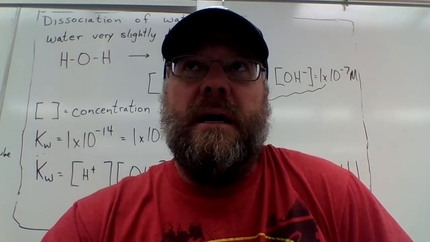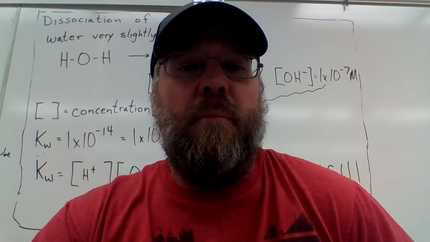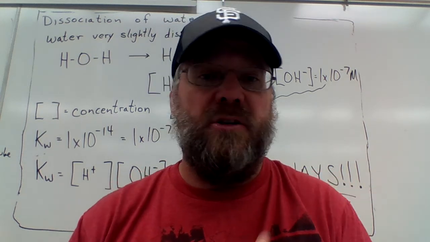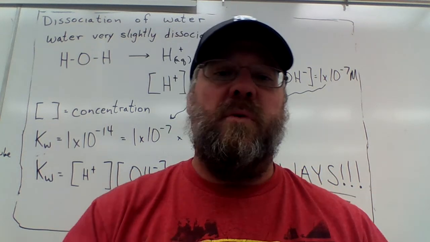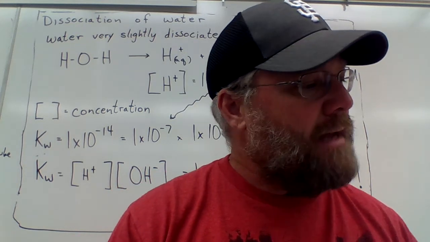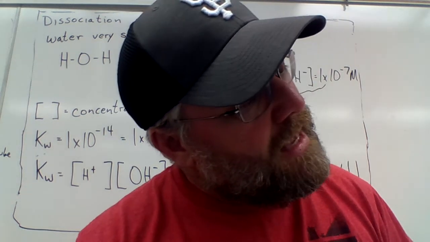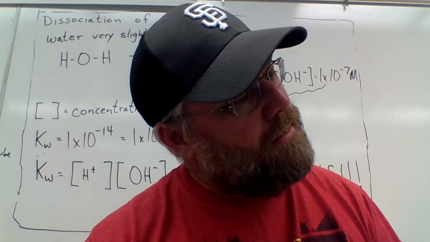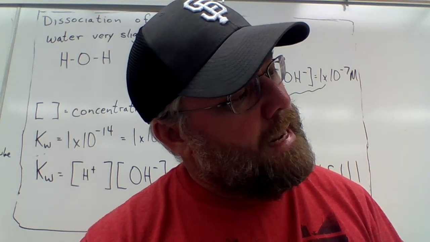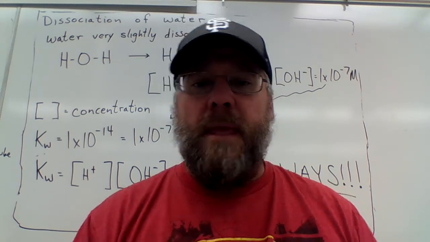Because this ion concentration is so low, it does not provide for very good conduction of electricity. So in the previous lesson, 86, there were a couple of substances it asked us to look at. If they were in solution, you had 0.1 molar HCl, 0.1 molar acetic acid, 0.1 molar NaCl, and 0.1 molar sugar.